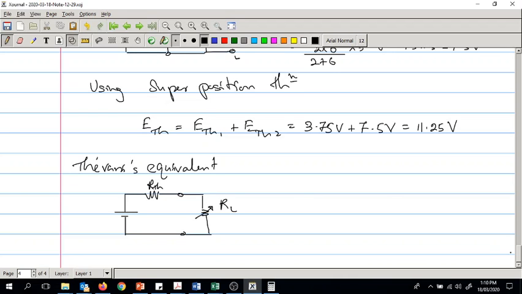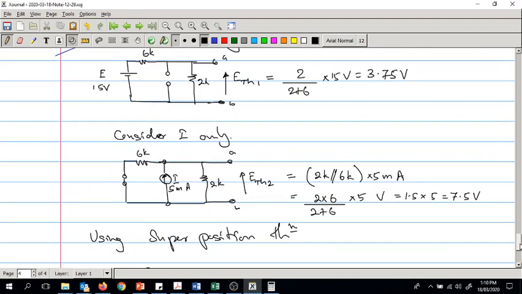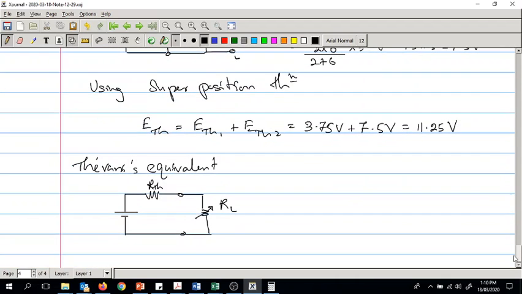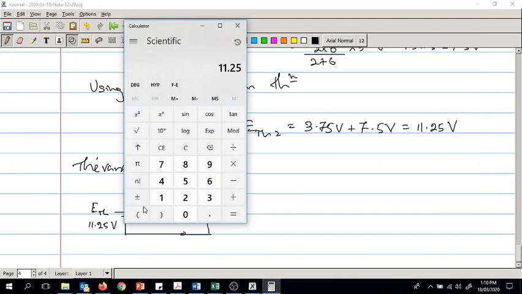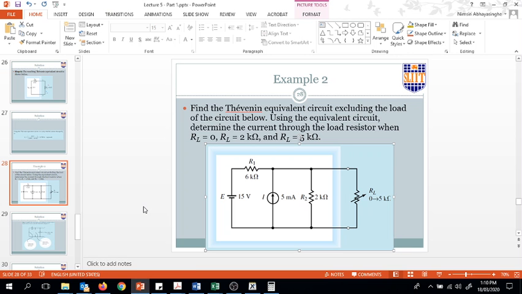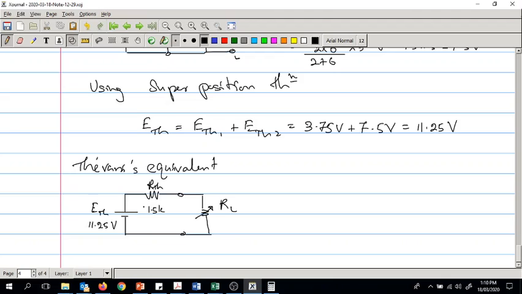RTH, the Thevenin's resistance, is 1.5K, and ETH is 11.25 volts. Now the question: at three different values of RL, starting with RL equal to 0, we want to find the current through. So let's find the current through as a function of RL, IL.